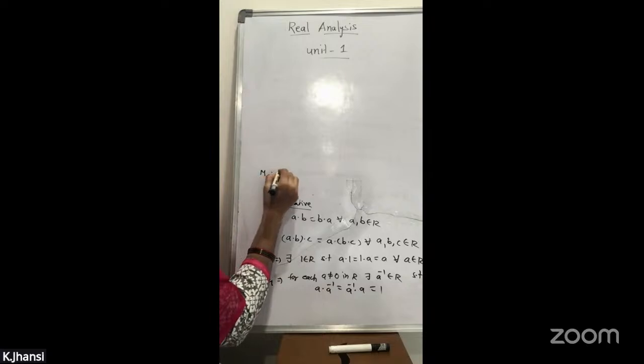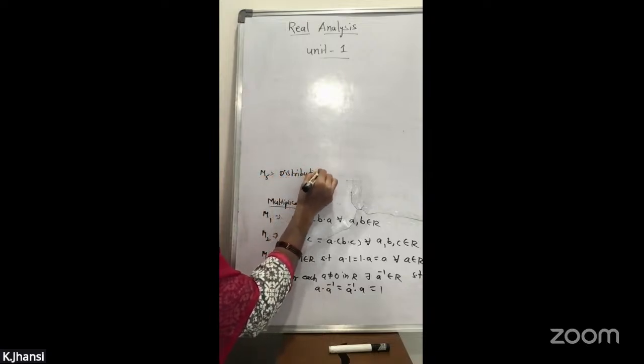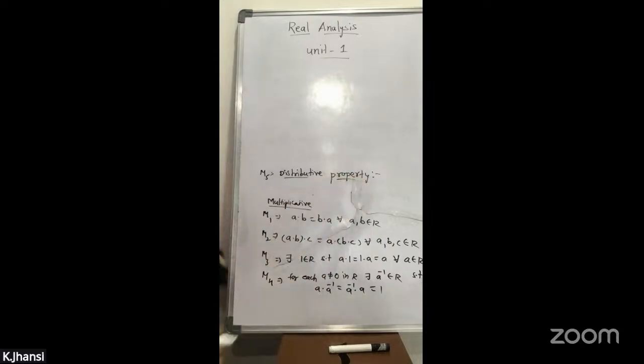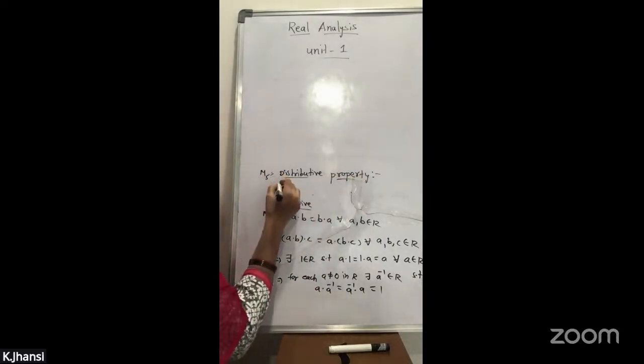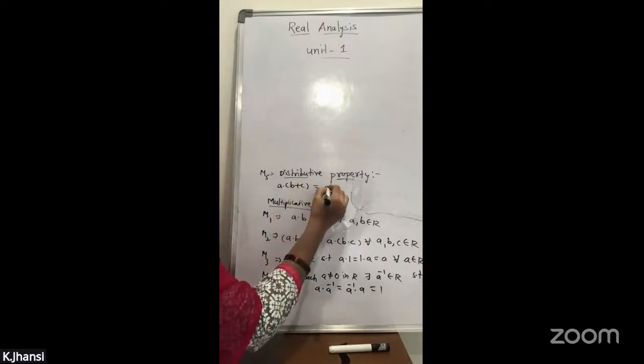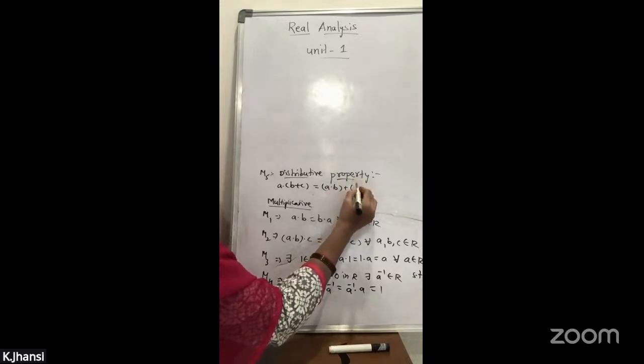So M5 is the distributive property. One is extra for multiplication. That is A into (B plus C) is equal to A into B plus A into C.